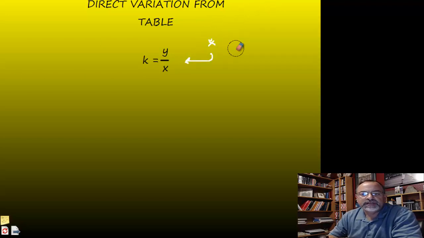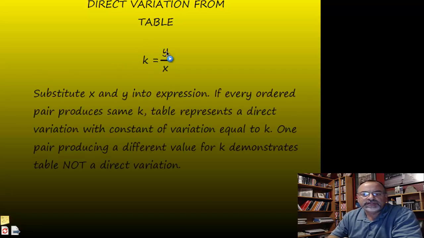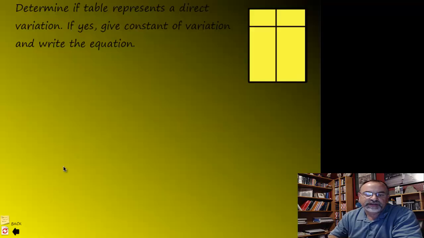So if a function or a table is a direct variation, then if you took all of the ordered pairs and put the y value of each ordered pair over its corresponding x value, you'd always get the same number. And that's why we call this the constant of variation. The y over x is always the same. So we can check that from a table by simply substituting the y and the x into the expression and seeing if we get the same value each time.